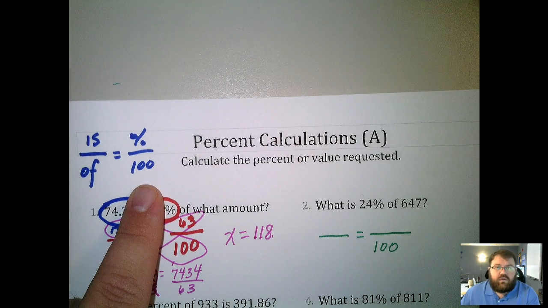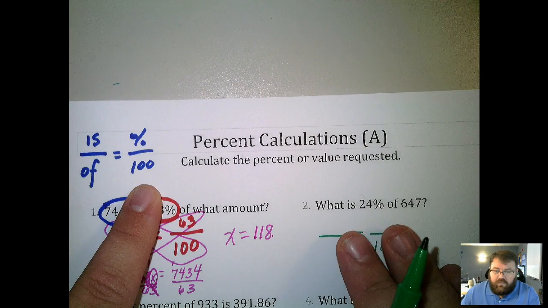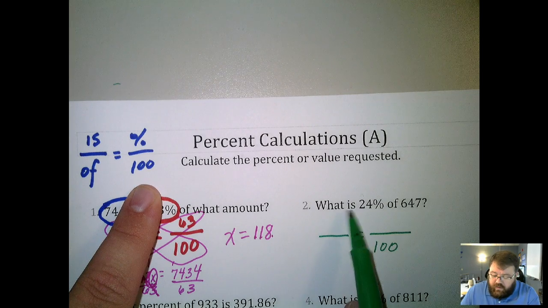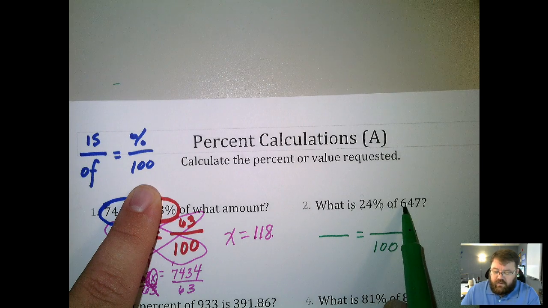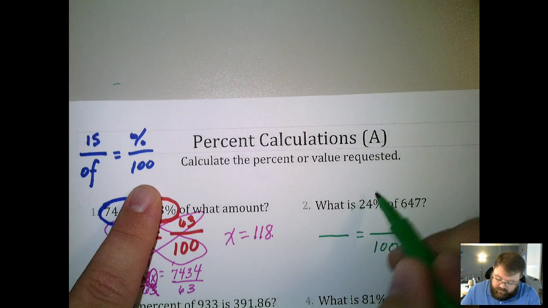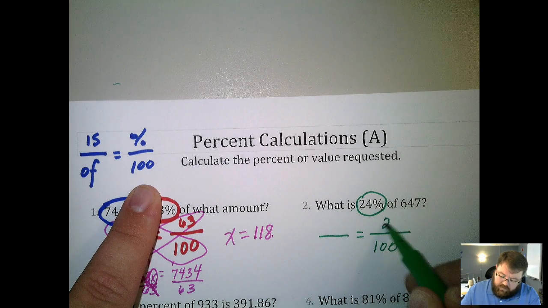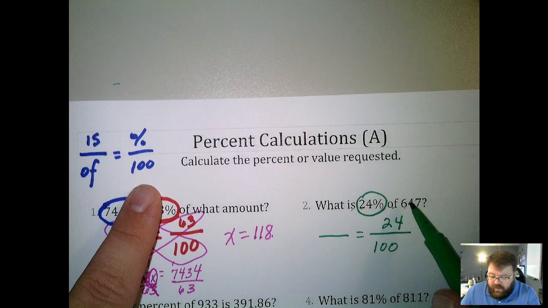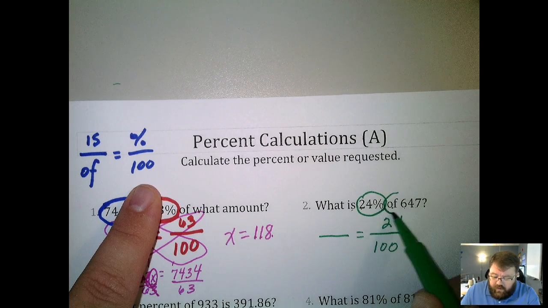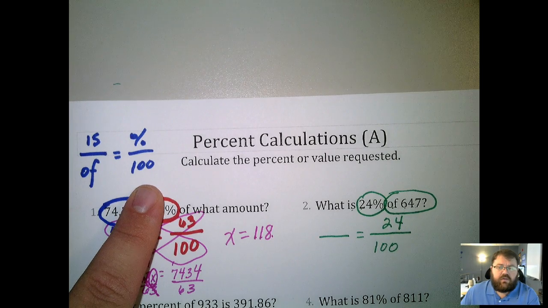Next, you want to look for a percent. And in this problem, we do have a percent. What is 24% of 647? So we have 24%. So I know that it's going to go here because it's a percent. Next, I have of 647.